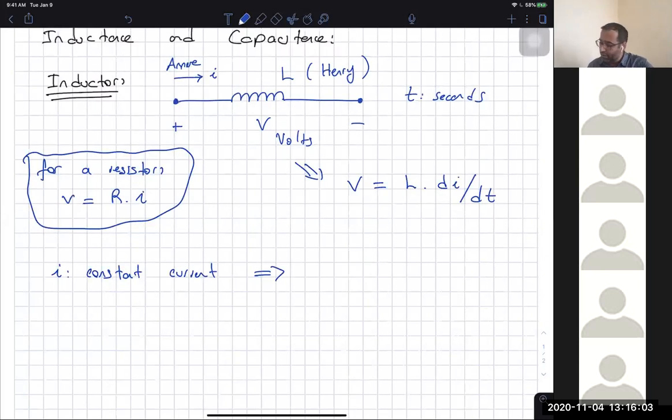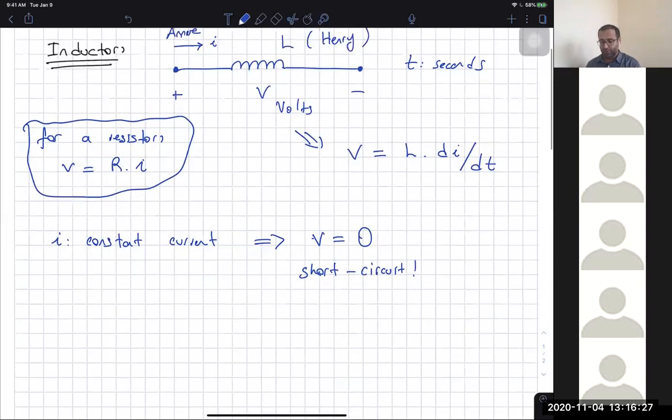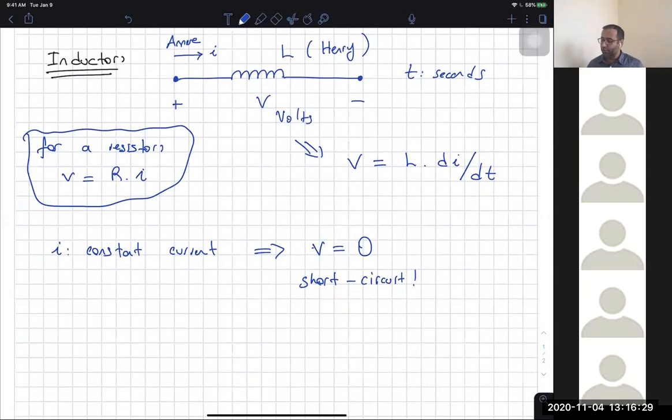There is no change. And then basically the voltage across the terminals of this inductor will be 0, which means that this inductor will be short-circuited, right? So this is how you can understand how this component will react to the changes in the current or voltage in the circuit you are working on.